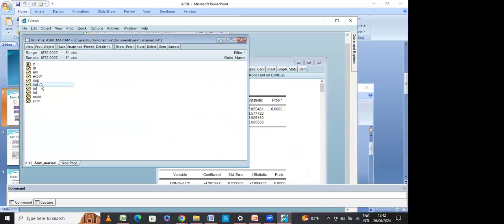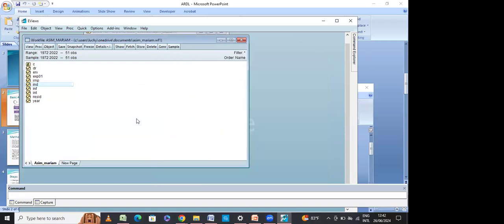So I'm not going to include this variable in my estimation. But other than that, I can use all my variables. So let's proceed with basic ARDL estimation, how we do it.